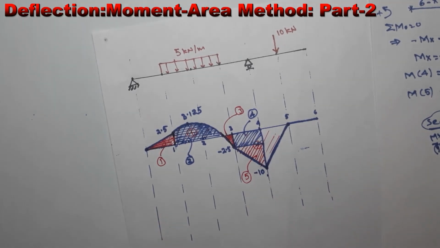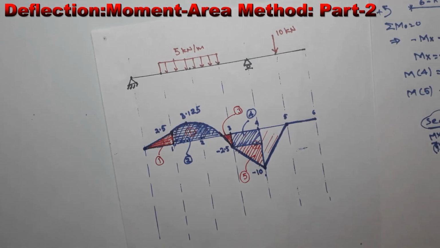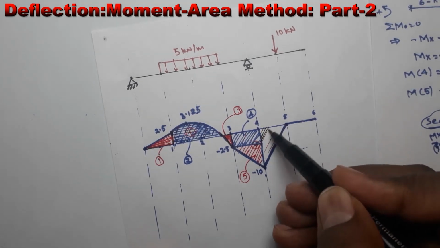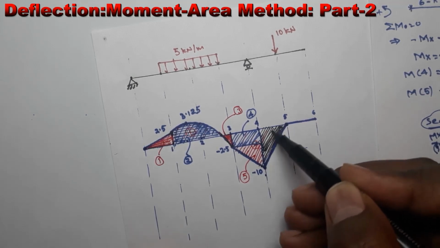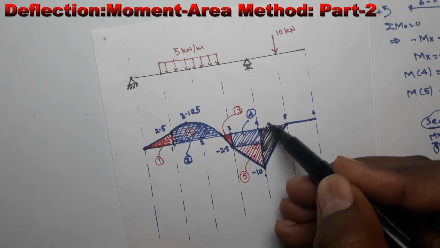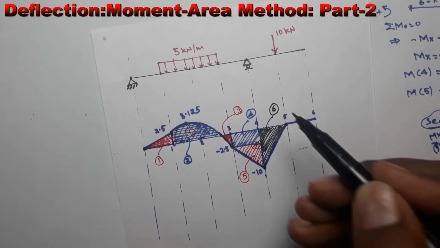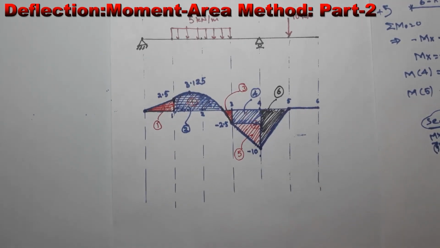And finally I have one triangle here, so let me call it area 6. This is area 6. So I have 6 areas.